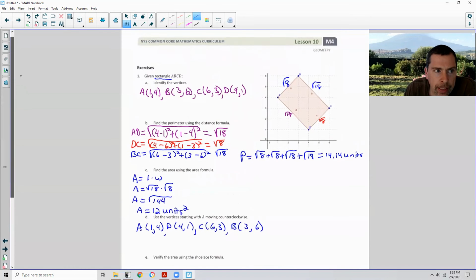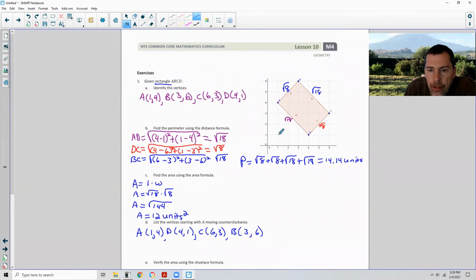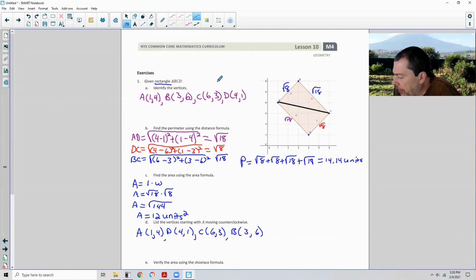So in the last lesson, I explained a formula to find the area of a triangle in general if one vertex was not at the origin. So in other words, if I cut this in half, I have a triangle ABC. So I would use A, C, and B. And if you don't remember the formula, it might be tough to remember at first, but it comes back to you.